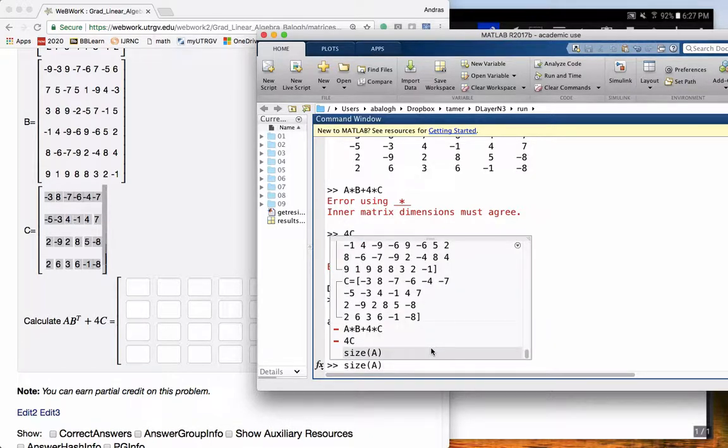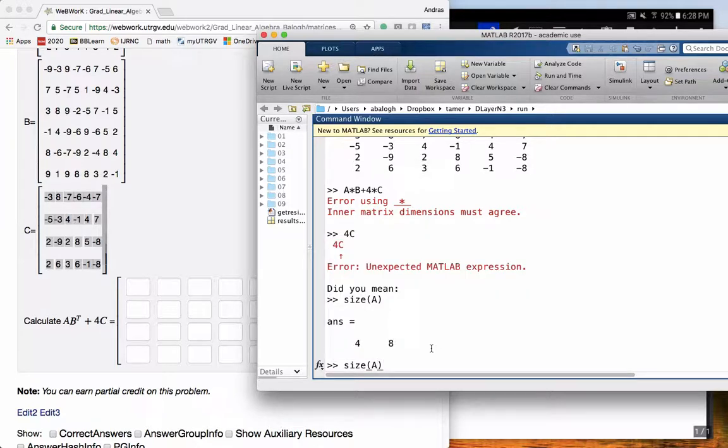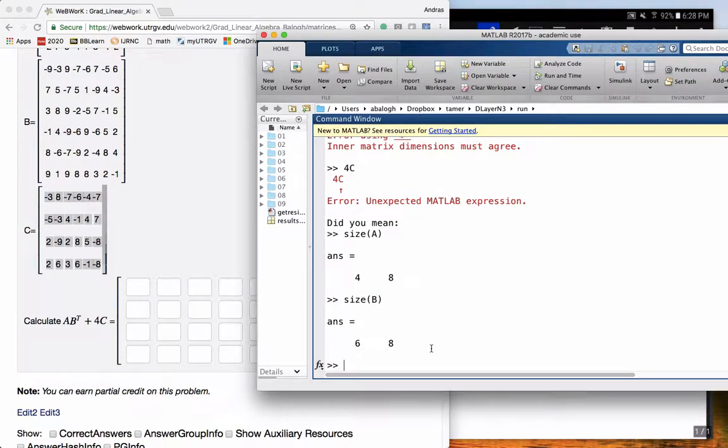You can use the up arrow to go to the previous commands. If you press the up arrow, for example, if you want to check size of B, it's easy to go to size of A back and replace A with B. So you have a 6 by 8, and you cannot multiply a 4 by 8 and a 6 by 8 matrix. But if you transpose B, then you get 8 by 6, and then you can multiply.